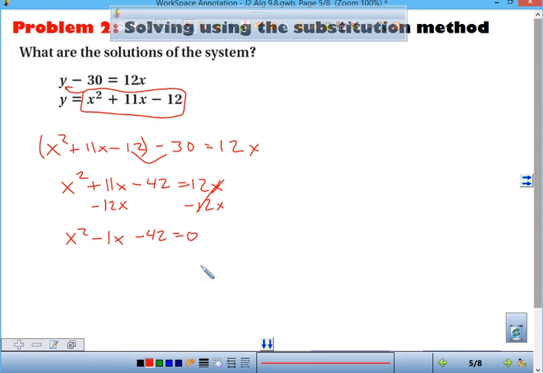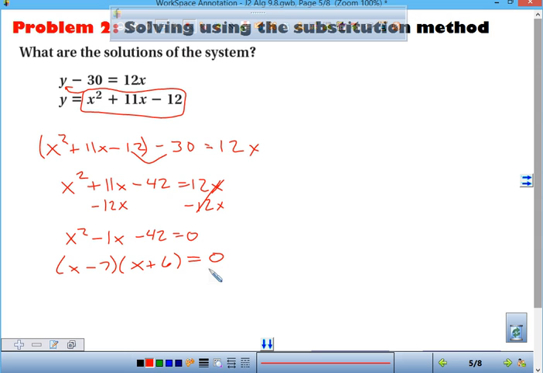Yes, -7 and 6. And what else is nice about this one? A is 1. Because A is 1, you can immediately go right into your 2 binomials. I split the x into (x minus 7)(x plus 6) equals 0.